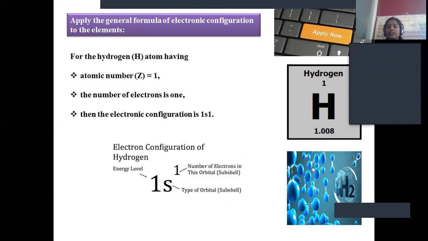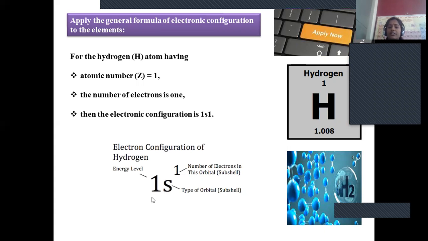Hydrogen, being a gas, is not present in nature in general. Always it is available in the form of a combined state only. Hydrogen gas is not freely available anywhere. So for hydrogen, the atomic number Z is denoted as 1, and only 1 electron will be there. The electronic configuration for hydrogen is 1s1.